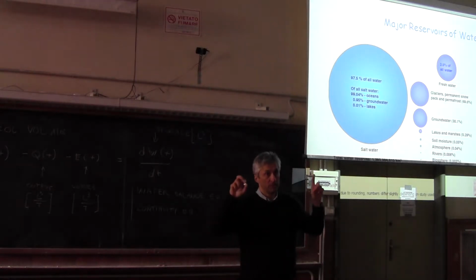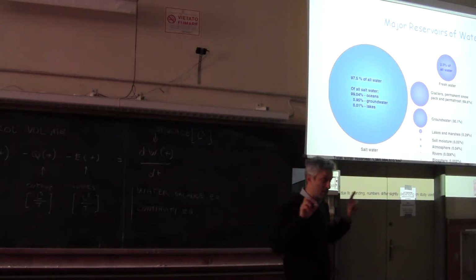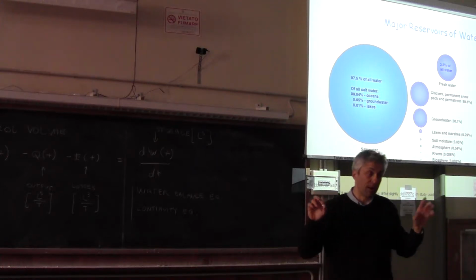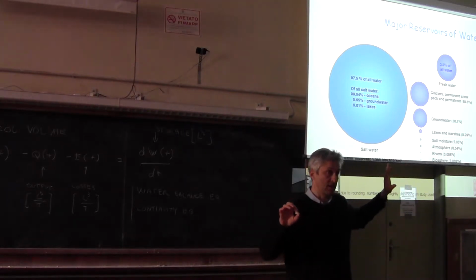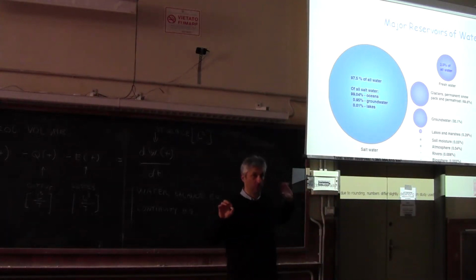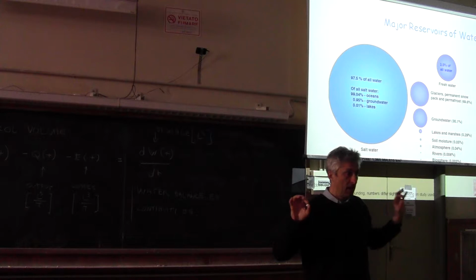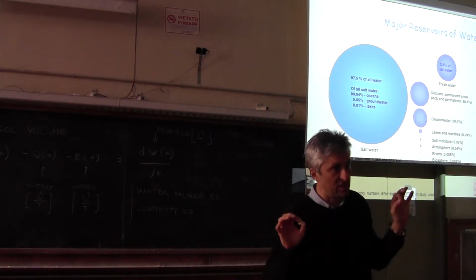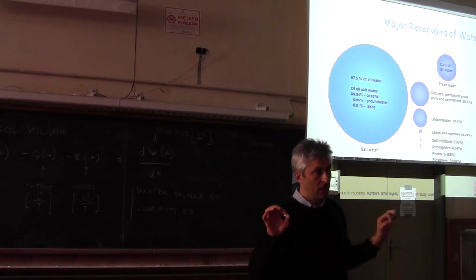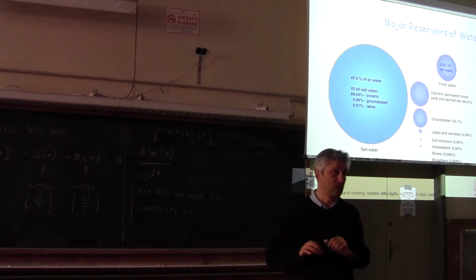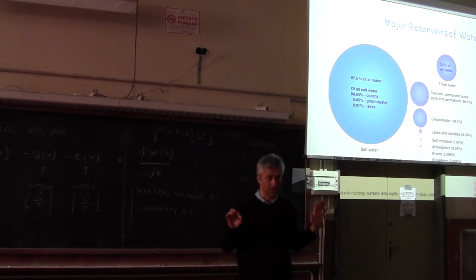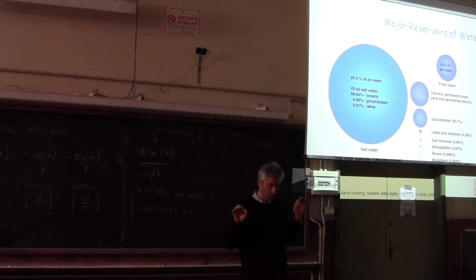Another important premise: in water resources management, apart from very specific cases, which we don't consider in the subject, we always assume that the mass density of water is constant, which means that water is incompressible.